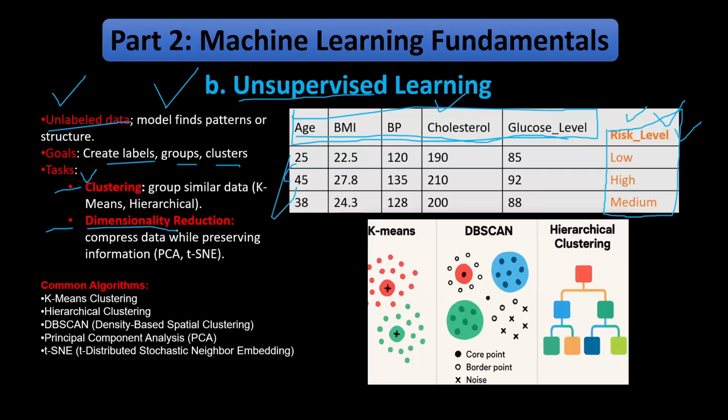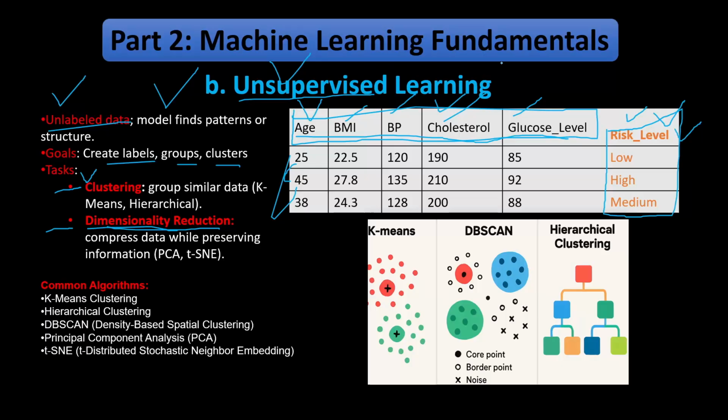In dimensionality reduction, if we have a dataset with a lot of dimensions, currently we have only 1, 2, 3, 4 dimensions. So let's say in a real world use case you have 1000 dimension data. Then you have to remove irrelevant or extra dimensions, and there you can use a dimensionality reduction algorithm in unsupervised learning.